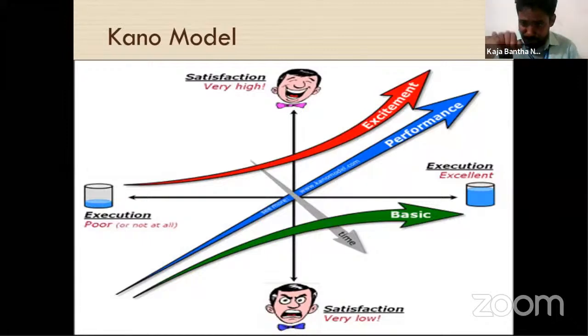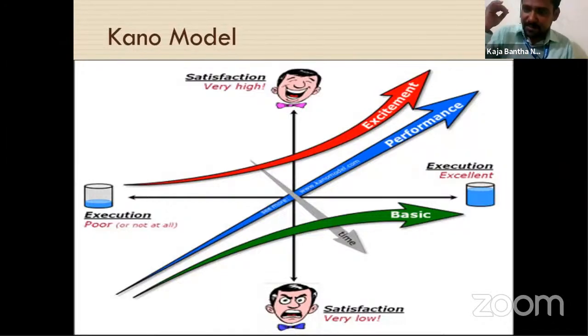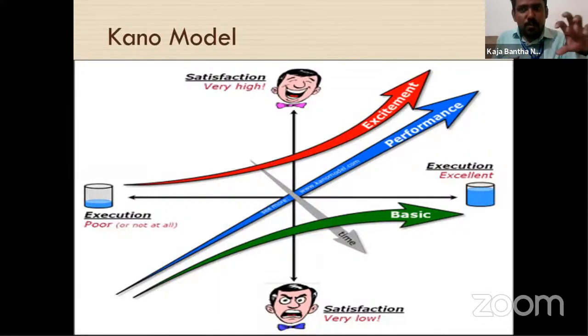Just see my graph: the lines are basic, performance and excitement. The x-axis is execution, from poor to excellent, and the y-axis is customer satisfaction, from very low to very high.